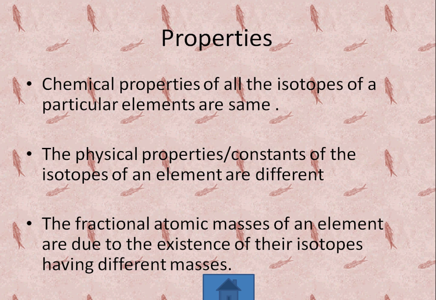And the physical properties or constants of isotopes of an element are different. The reason is that the number of neutrons present in the nuclei of the isotopes are different, as the physical properties depend upon the atomic mass of the element. And third, the fractional atomic masses of elements are due to the existence of their isotopes having different masses.